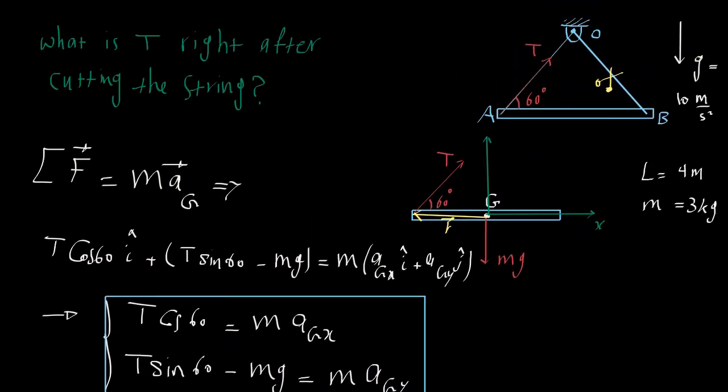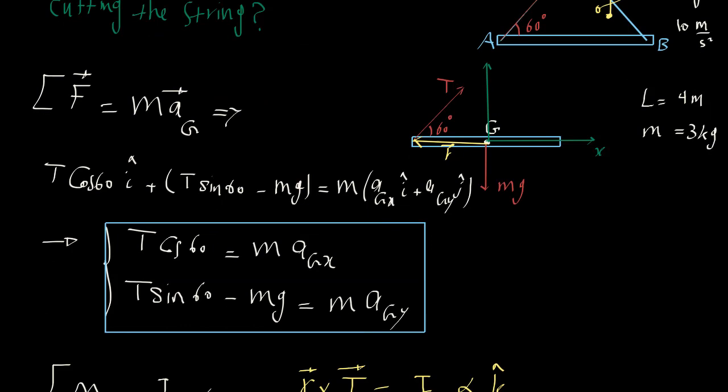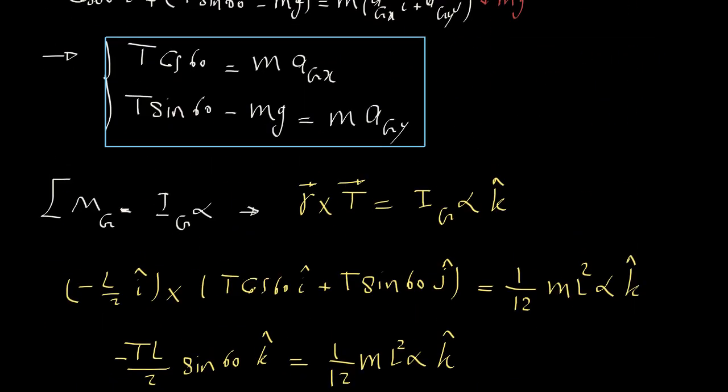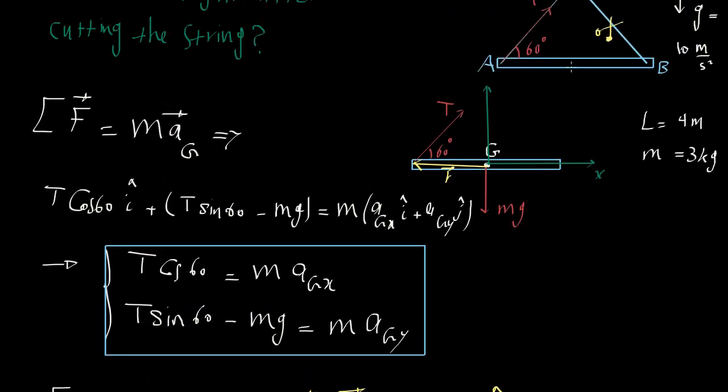So we wrote down the acceleration of this point based on this point, and now let's write down A based on point G, center of mass, to see if we can come up with an equation. So A of A is equal to A G plus omega cross R. That point A is basically common between the string and also the rod.